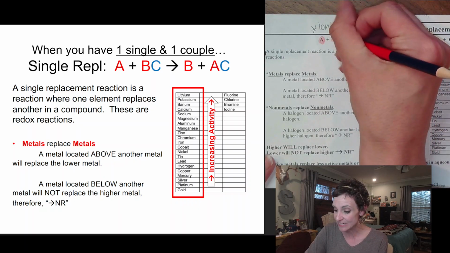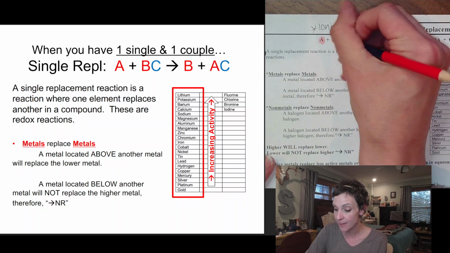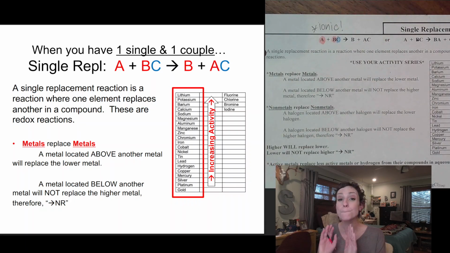The reason for this is that my compounds, or my couples, must always be between a metal and a non-metal. I cannot have a compound of two metals. No two red things. I also cannot have a compound of two non-metals. No two blue things.